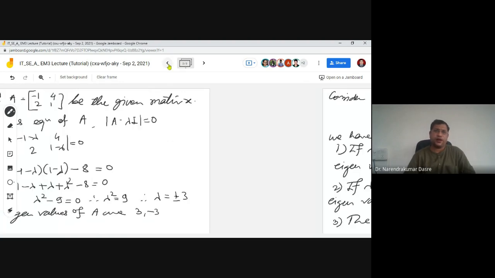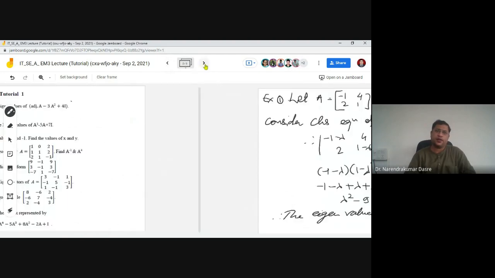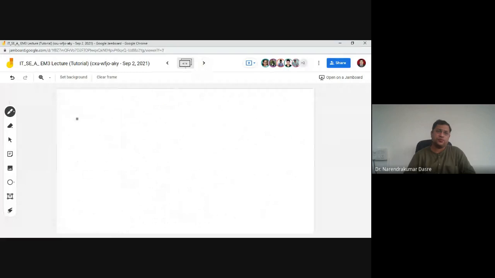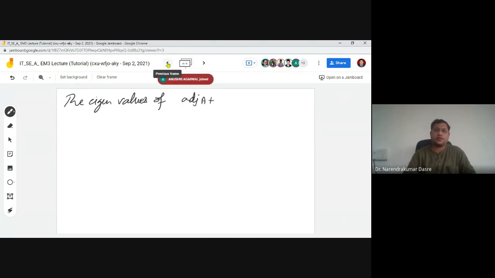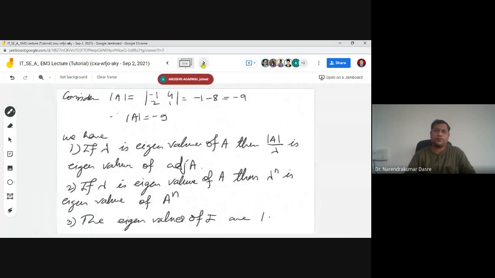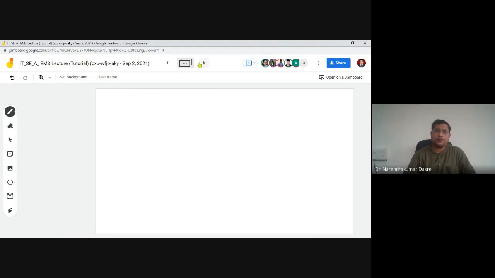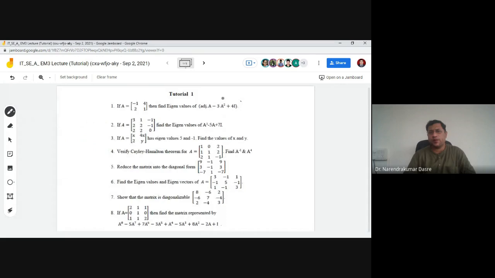So as we want the eigenvalues of this matrix, the eigenvalues of adjoint of A minus 3A square, and what is the polynomial? Plus 4I.